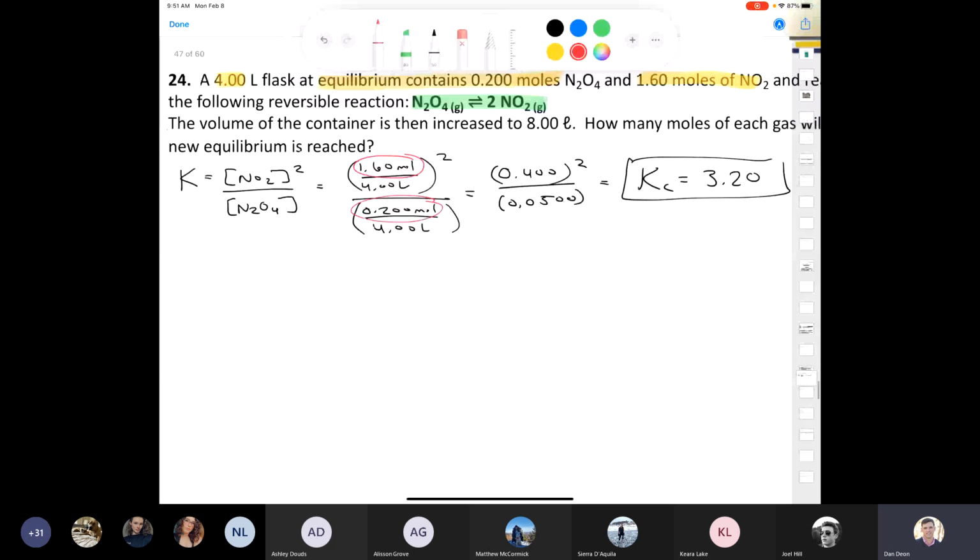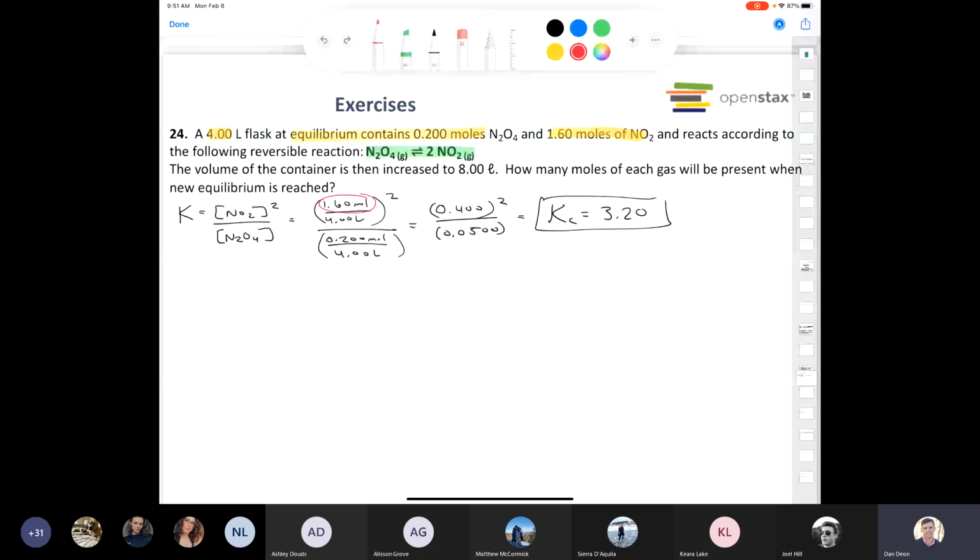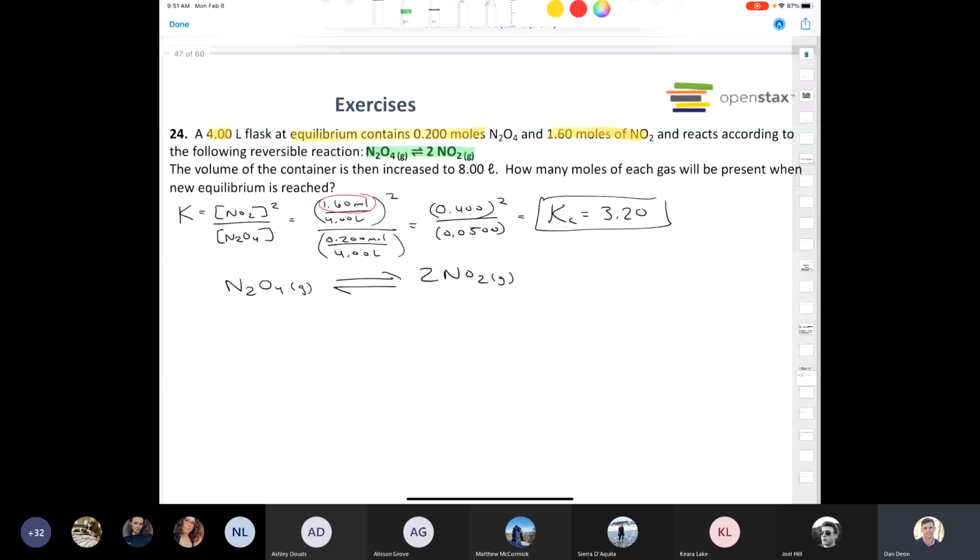So we can calculate their initial concentrations, right? Let me show you how. If you're unsure, let's make an ice table. So we have N2O4 in the gaseous phase in equilibrium with 2 moles of NO2 in the gaseous phase. So for N2O4, we've got 0.200 moles divided by 8.00 liters.